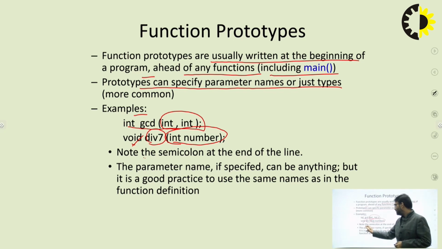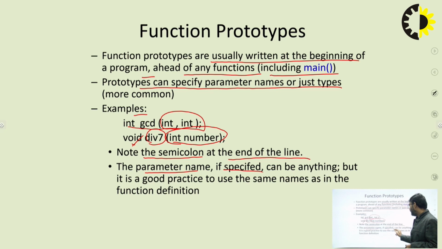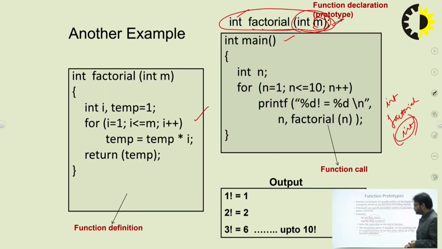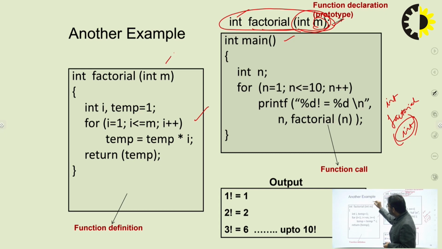So it is necessary to put the semicolon at the end of the prototype declaration. Now the parameter name, if specified, can be anything, but it is good practice to use the same name as in the function definition. So this is the definition part and this is the declaration part.